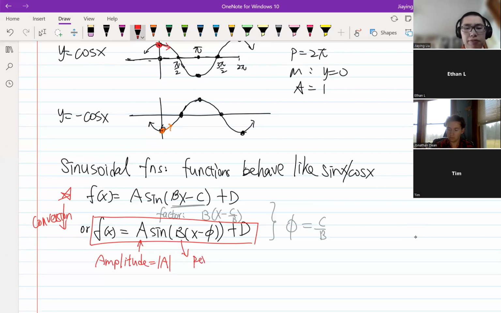So the period P is equal to 2 pi over the absolute value of B, because if B is negative, we're not going to take 2 pi divided by a negative. So the period is 2 pi over absolute value of B. And phi is going to be the horizontal shift. It's also called phase shift.